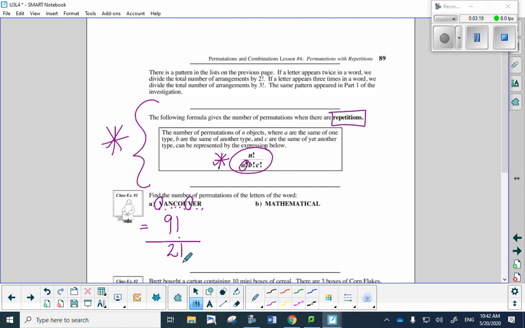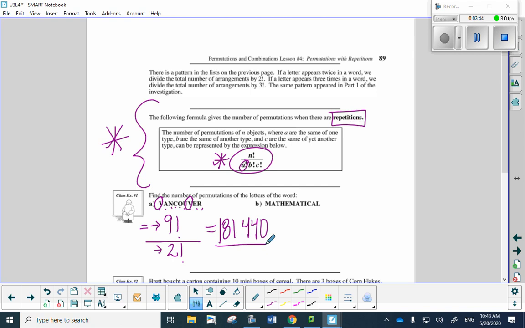So there's 9 in total that we're arranging, and then there's 2 V's that are repeating. This is where we get 9 factorial divided by 2 factorial. Then all you have to do is type that into your calculator, and once you do, you get 181,440 different permutations.